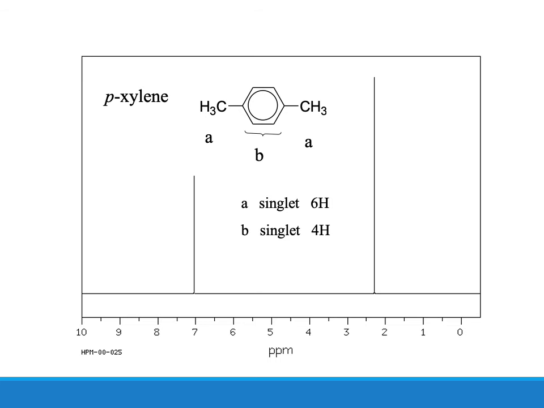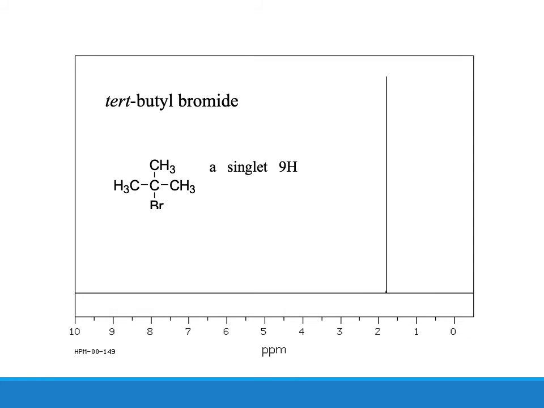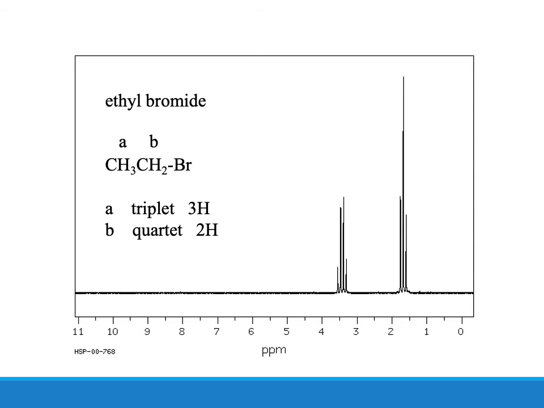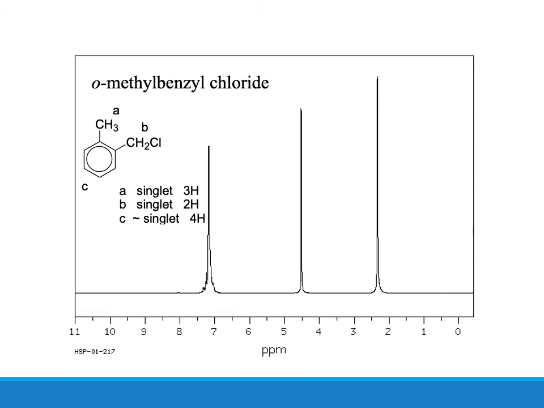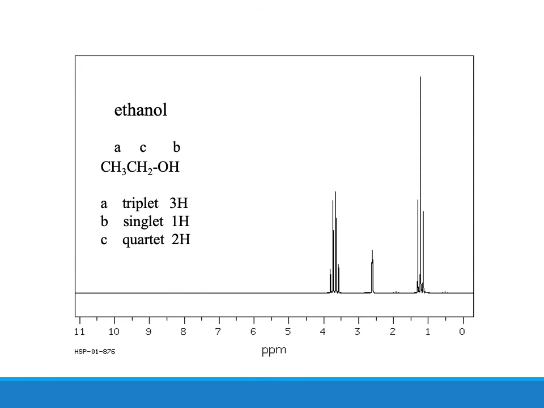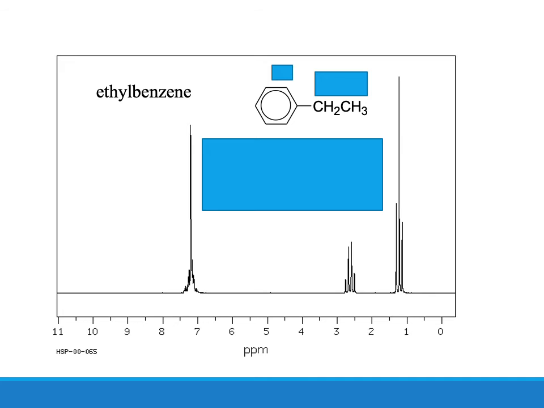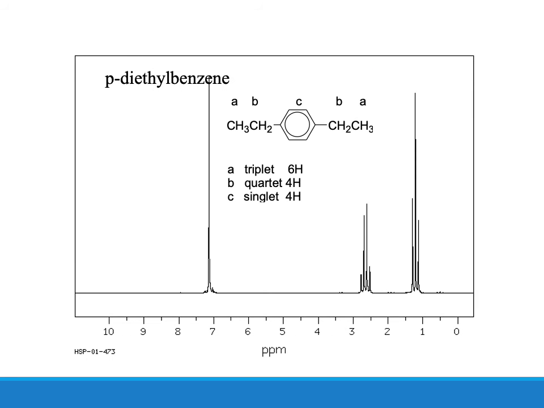But for xylene, we have two different groups, A and B, and you see all these examples. For ethylbenzene, you see we have three peaks because it has three different types of hydrogen.